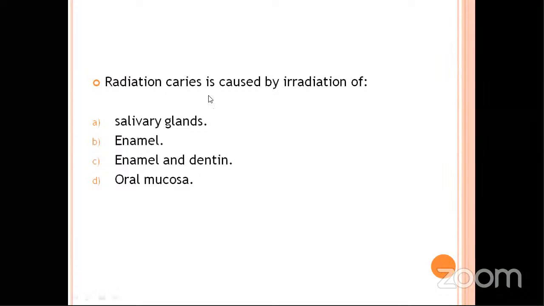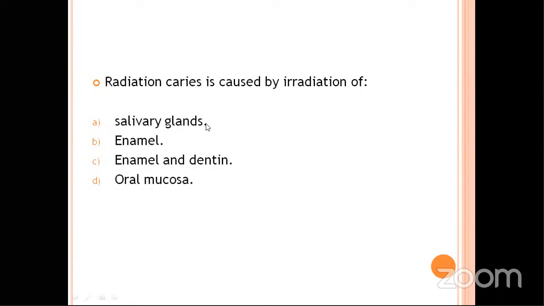Radiation caries is caused by irradiation of the salivary glands, enamel and dentine, oral mucosa. The radiation doesn't cause any effects on the enamel and dentine, as these are calcified tissues. Whereas it affects the acinar cells to cause atrophy, and this atrophy leads to destruction of the salivary glands.